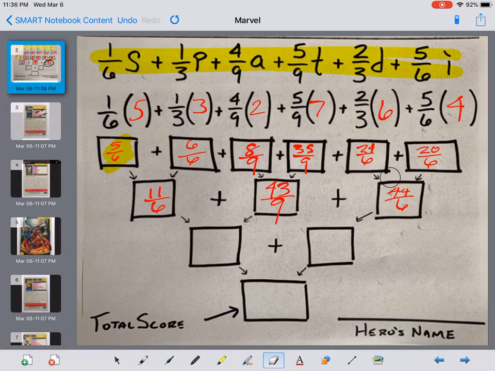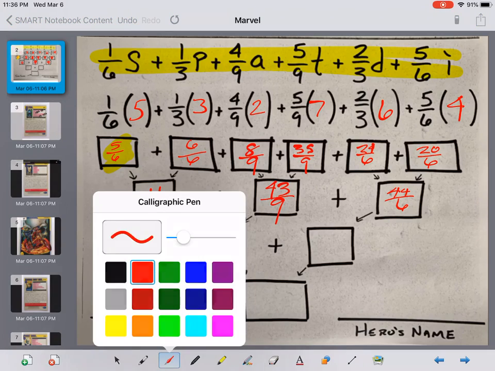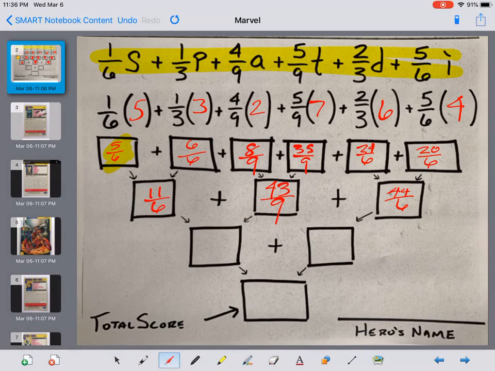So I'm going to add those numbers together just by my choice. And so 11 plus 44 is 55/6. So we're going to add those at 55/6. And I'm just going to kind of do this so I know that I've already added them. And I'm just going to bring down the 43/9.